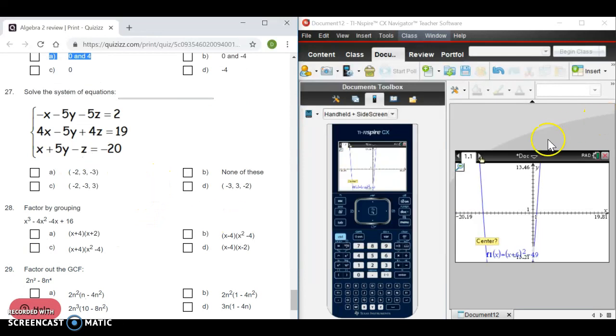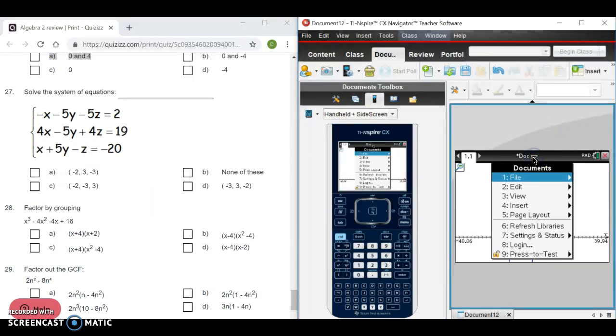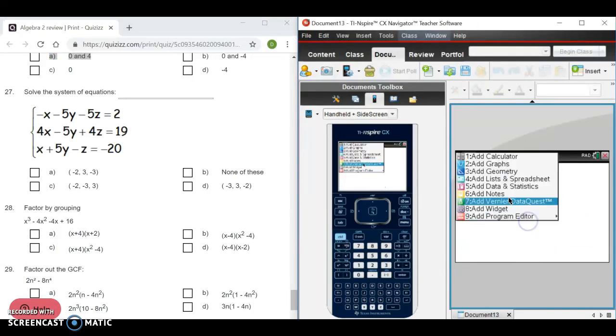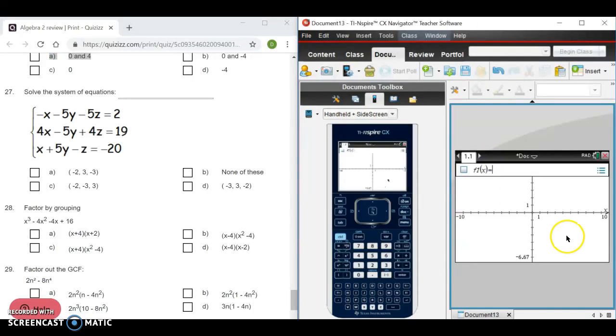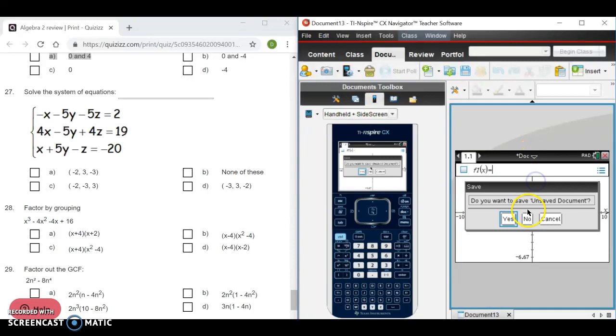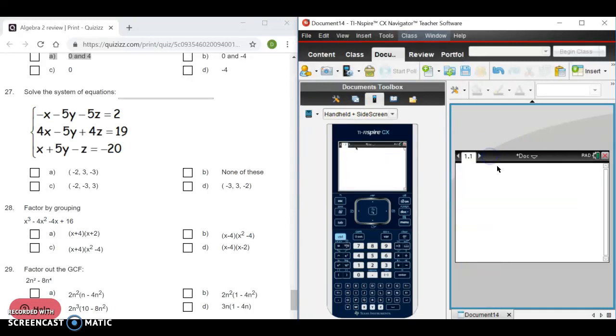When you guys get to 27, this is what I want you to do. Let's get another graph up, sorry, not another graph. I want to go to my calculator. I actually showed you this trick the other day.